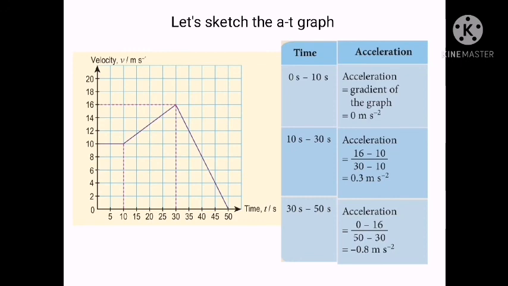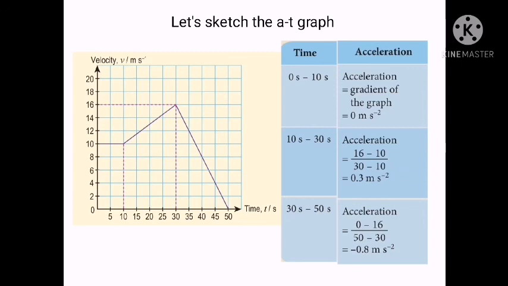So now let us sketch the AT graph, or the acceleration versus time graph. Remember, to calculate acceleration, we need to calculate the gradient. So the gradient from 0 second to 10 second is 0. And the gradient from 10 second to 30 second is 0.3 meter per second square.